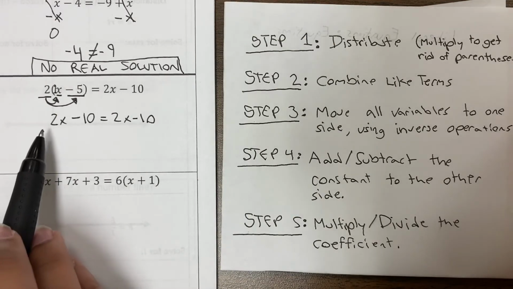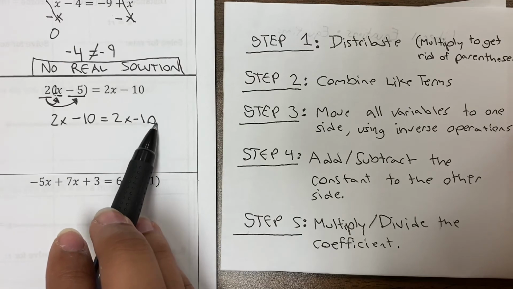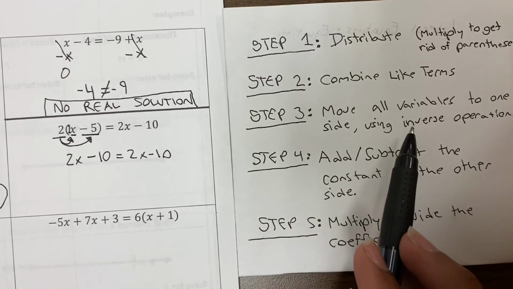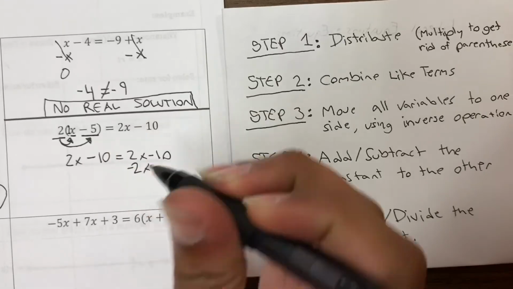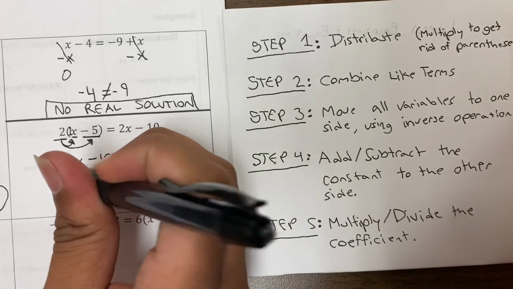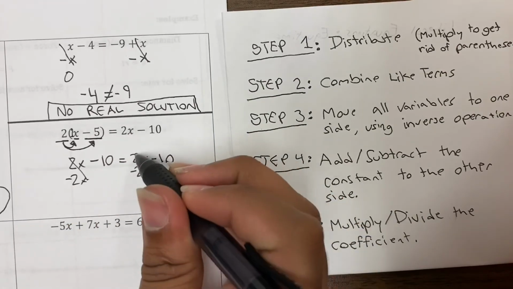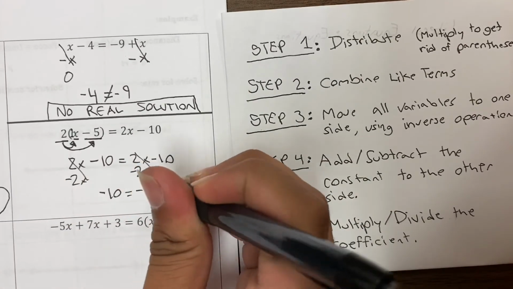So now I have 2x minus 10 equals 2x minus 10. This one is going to be kind of the opposite of this first problem. So this one I'm going to move all variables to one side. So let me subtract 2x on this side. What you do to one side, you have to do to the other. I'm left with no x's, and I'm left with negative 10 equals negative 10.